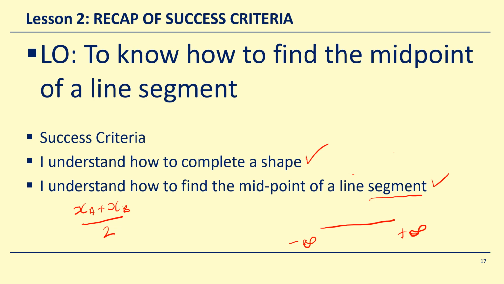So a segment is just part of that line. Right. So a segment just means that it's part of a line. So you can just assume that we just mean a straight line.